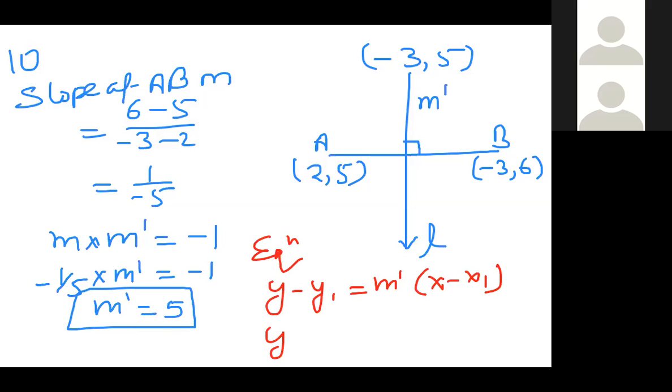These will be x1, y1. So y minus y1 is 5 equals slope, which is again 5, into (x minus x1). x1 is minus 3. In this way, we will be able to get the equation of the line. We can simplify it in a better way, but mainly this will be the equation of the line.